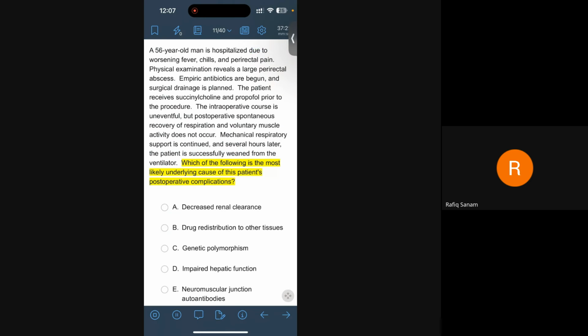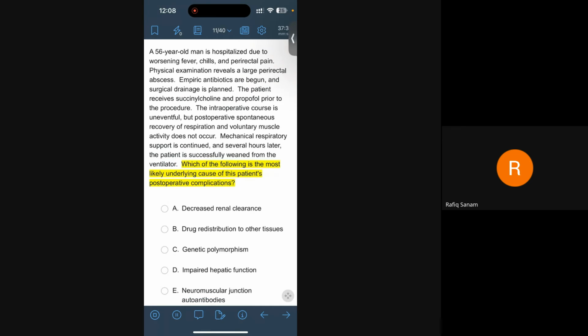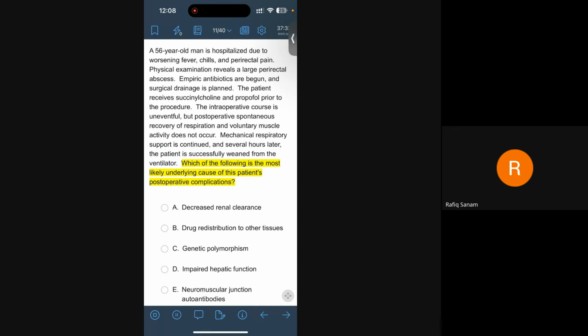Suspected worsening, there is a large perirectal abscess. What two drugs does the patient receive?